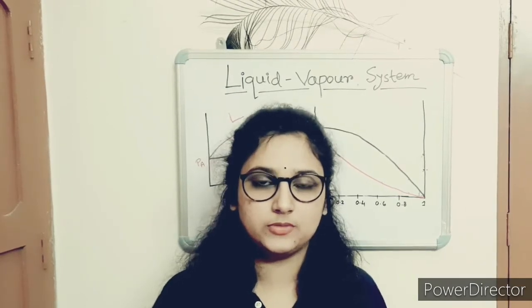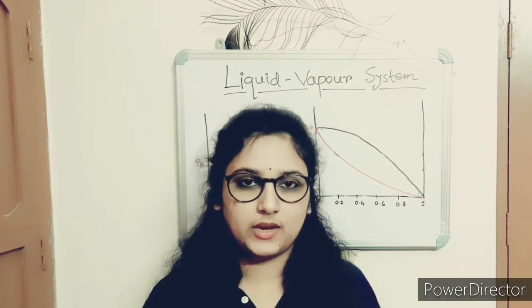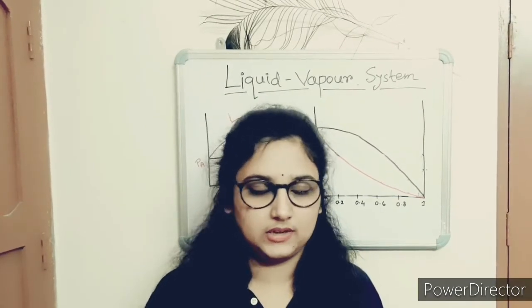In my previous video I told you in detail what the liquid vapor phase diagram is, and today I will tell you what the utility of this phase diagram is.